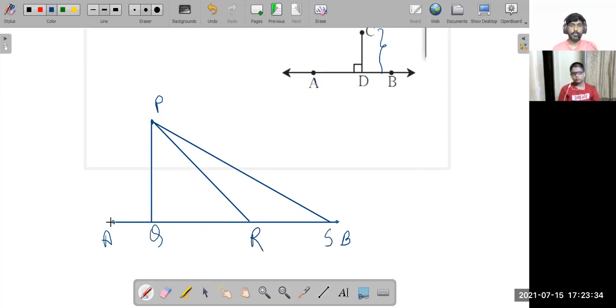Which line is showing you the distance between point P and segment AB? PQ. PQ, correct. So we have to always see the perpendicular distance.